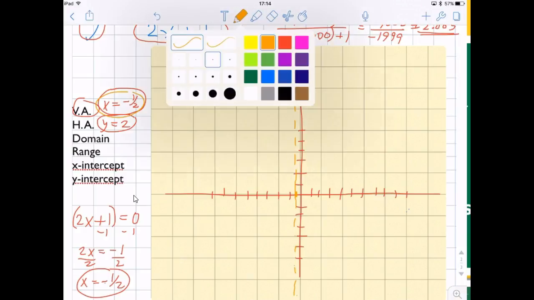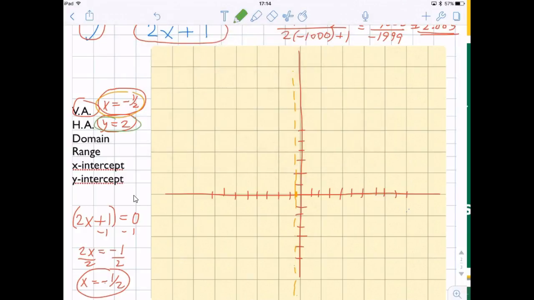Then I'm going to draw the horizontal asymptote, which is y equals 2. It turns out to be a vertical, I'm sorry, did I say horizontal last time? Last time, the orange line is obviously vertical. The green line is horizontal asymptote, right? Y equals 2.